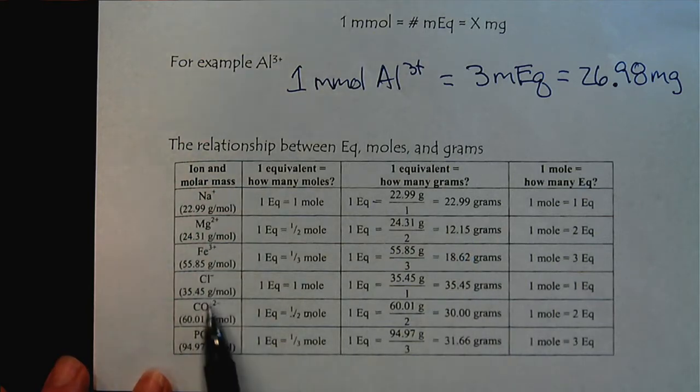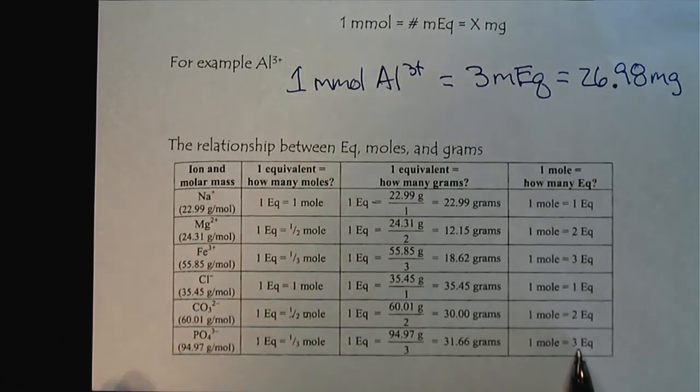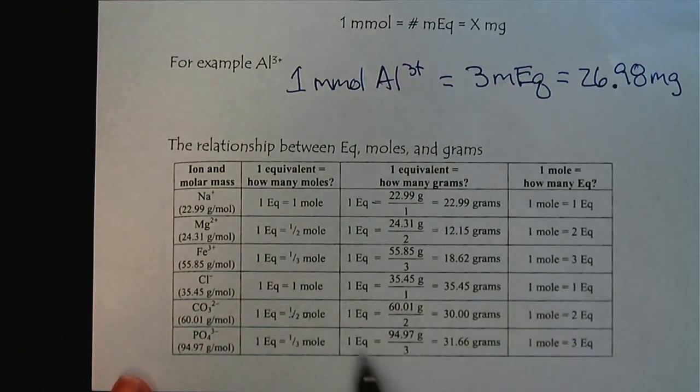And then we can continue going. We'll do one more example here. Maybe we should try an anion. If we had phosphate, the molar mass of phosphate's written here. 1 mole of phosphate is equal to 3 equivalents because of the -3 charge. And the molar mass is here, so we would take the molar mass and divide by 3.